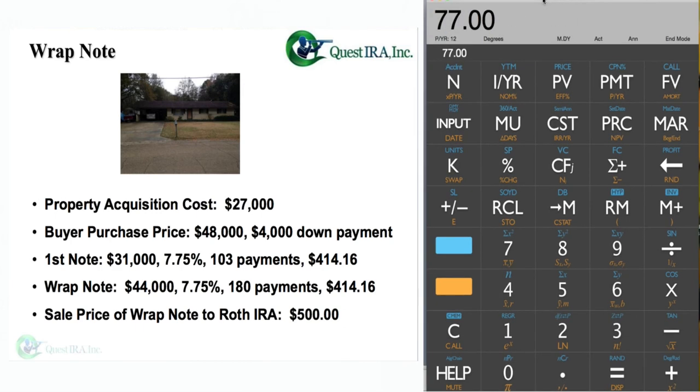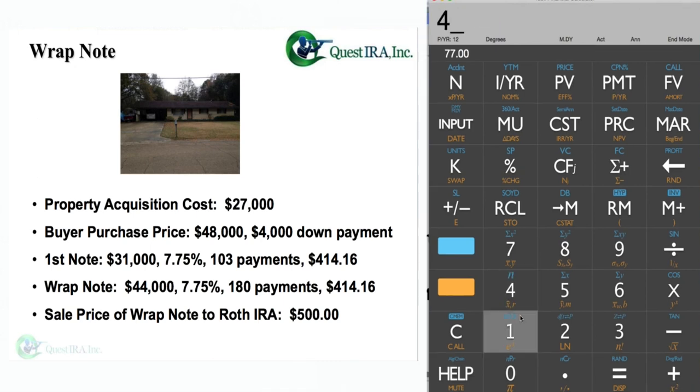So whoever owns the wrap note starts getting 77 payments of 414.16. Put that as a negative number.